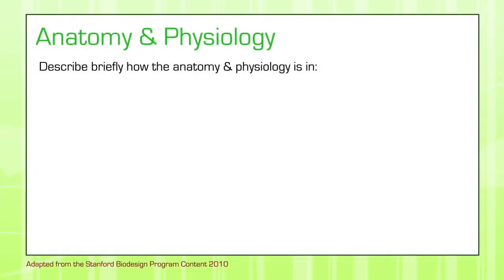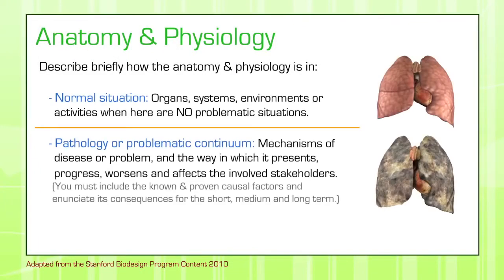So for doing this type of analysis, you have to describe briefly the anatomy and physiology in the normal situation and in the pathological situation. The normal situation is which organs, which patients, which professionals are doing what, in what context, and that does not cause any problem.